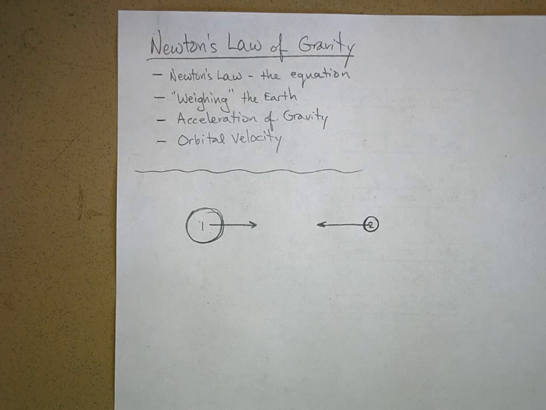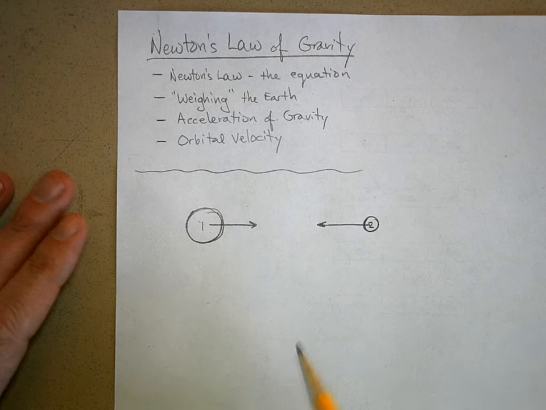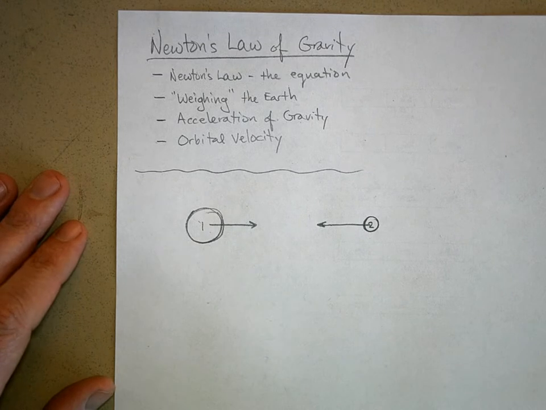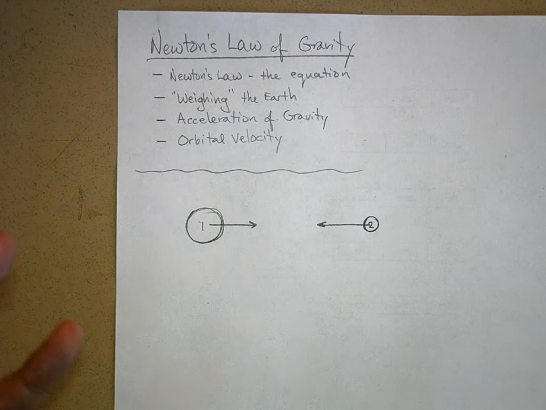Now, a couple hundred years later, a guy named Albert Einstein came up with a new law of gravity called general relativity. And he went a little more deeply into why objects that have mass attract each other. It's because objects that have mass distort the space-time continuum around themselves in such a way that objects want to fall together.